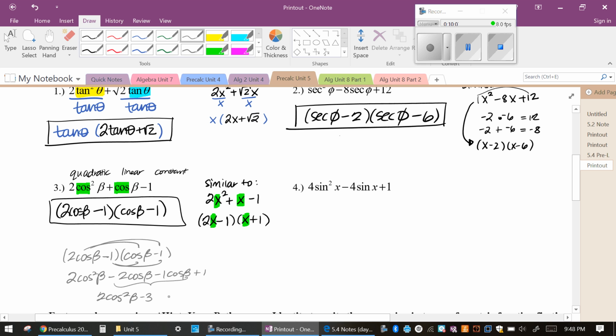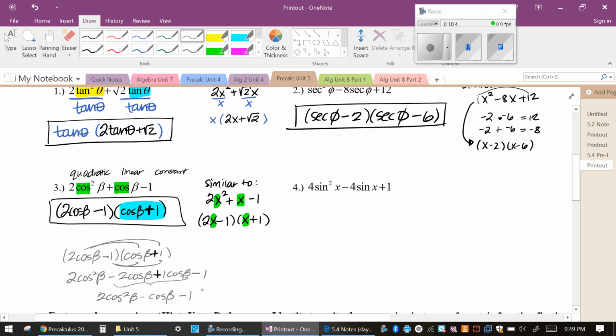Oops, see? This is how I know that something was wrong. This was supposed to be plus 1. Aha! Do you guys see it? I had minus 1. But because I FOILed it, I realized I made a mistake. So if I change that here, plus 1, there we go. It gives me the negative 1 cosine beta and the negative 1 over here.